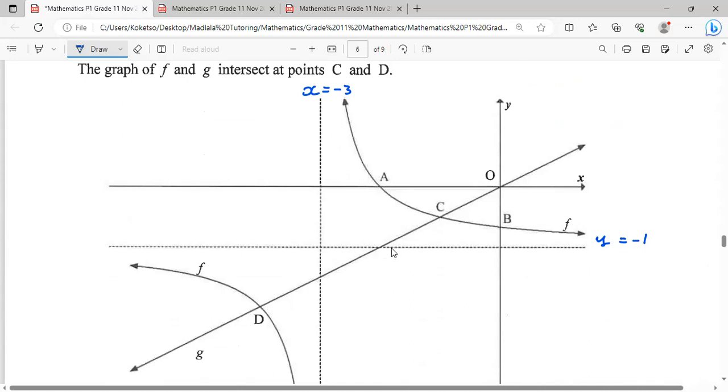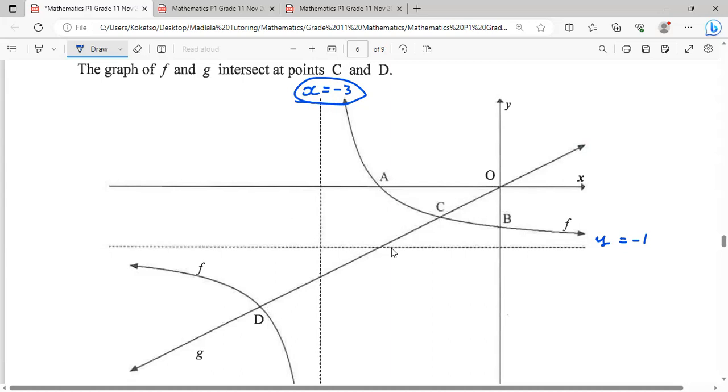So if we look at the values of x, this vertical line, which we call the vertical asymptote, what is this asymptote? So it's a line that the function neither touches nor crosses. But what is important? At the asymptote is where your function is undefined. So it's undefined or it does not exist.